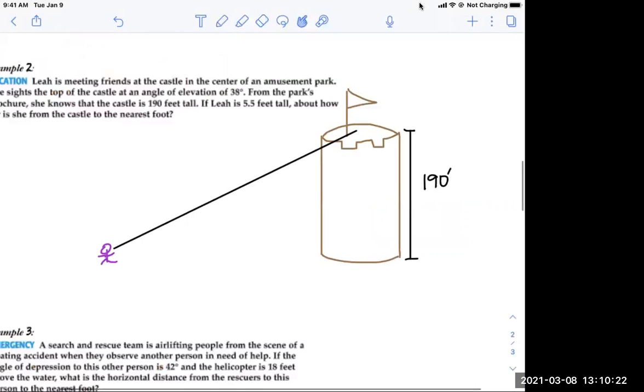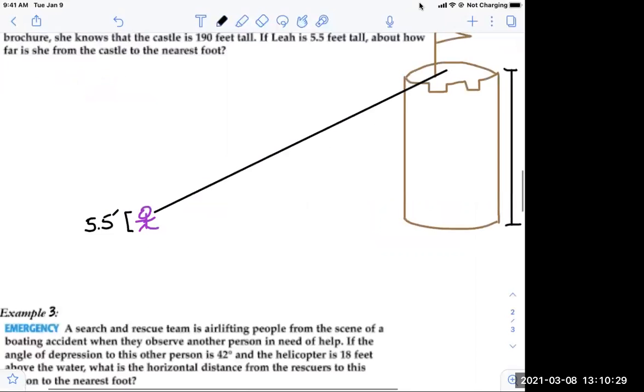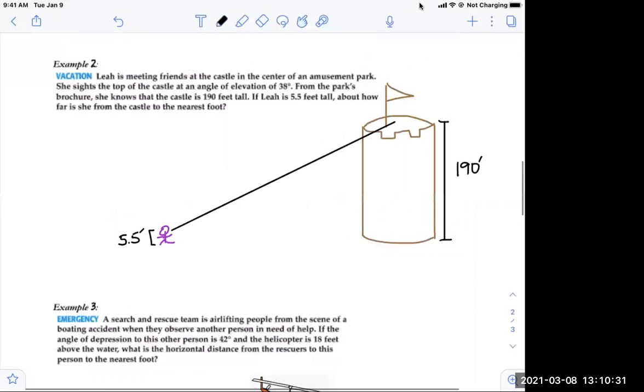And she is 5.5 feet tall, so this distance right there is 5.5 feet. Her distance from the castle is what we're looking for. So here would be the rest of your right triangle.